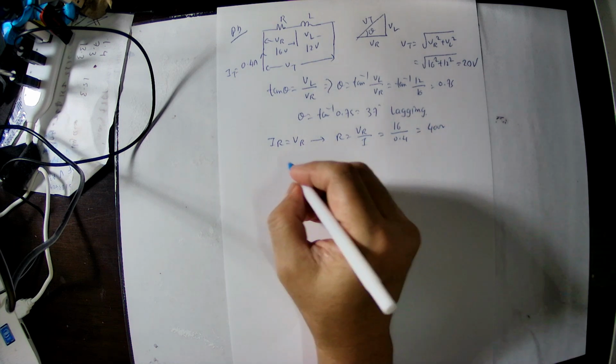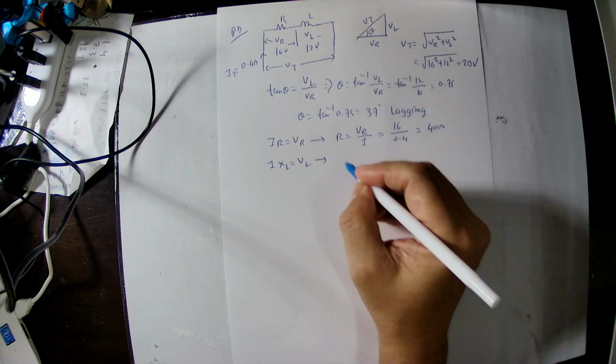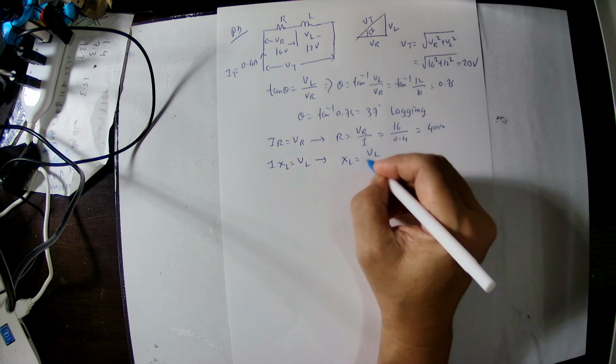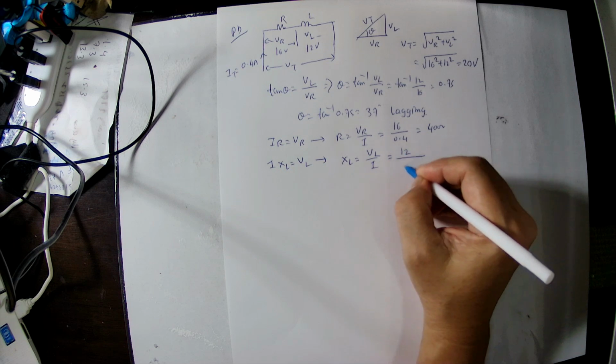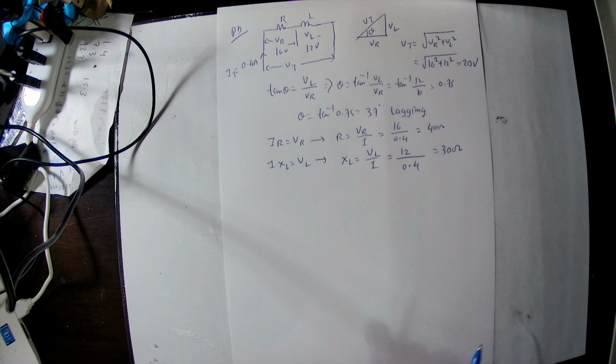And also I into XL equal to VL. Therefore, XL can be calculated: VL divided by I. Voltage drop across the inductor is 12 volt, current is 0.4, so you got 30 ohm. So resistor value is 40 ohm and inductive reactance value is 30 ohm.